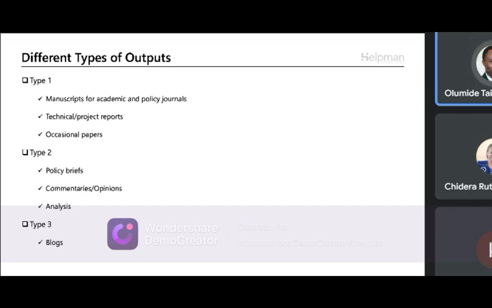So I focused on non-oil exports. And what I found is that exports were not elastic to changes in prices. Elasticity was very small, very small compared to what they expected.